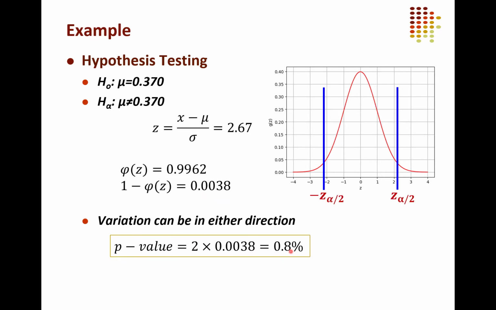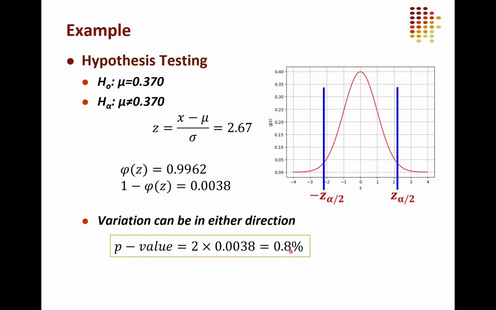So let me draw that for clarification. If I draw the normal distribution and mark, say, a total significance region of 1%, the total area in the tails is 1%.